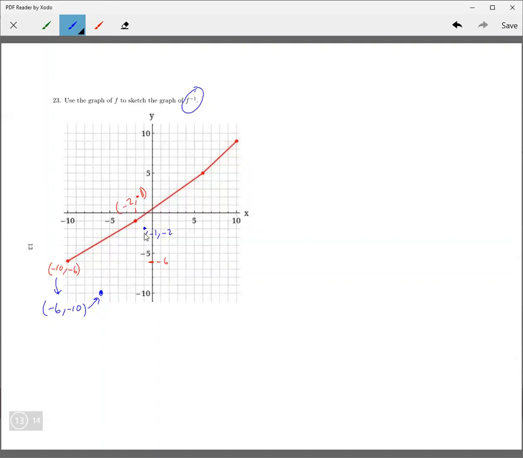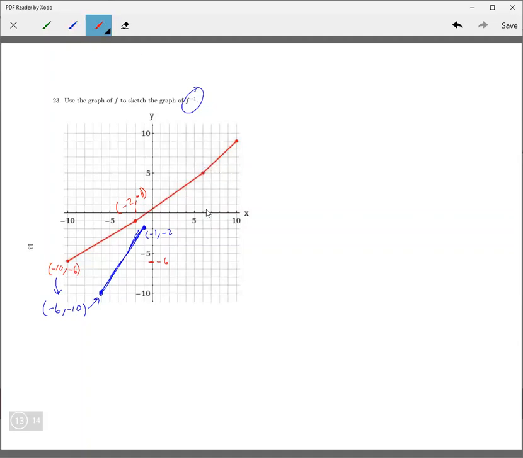Okay, in Webassign, I'm not going to do it in Webassign. I'm just going to explain how to do it. Select the line segment tool and then draw a line segment between these two points, making sure that you're including both endpoints. Then the next one is this point here.